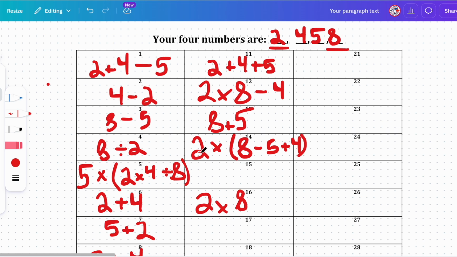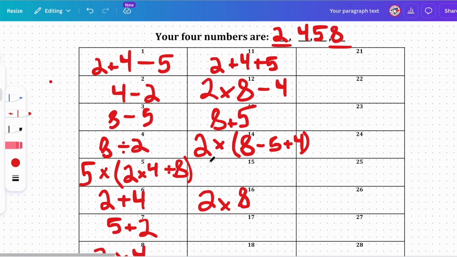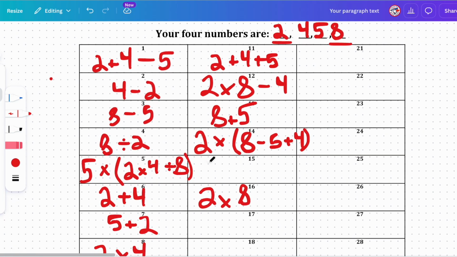So there's a way to make 7. So 2 times 7 is 14. Come back to that 15 later. 17 is 9 plus 8. So if I just do 4 plus 5, that's 9, plus 8 is 17.